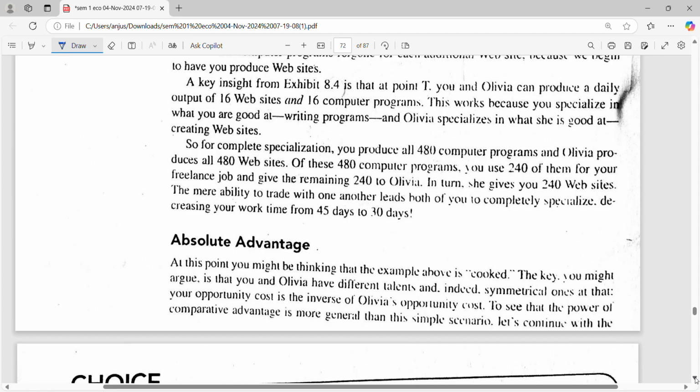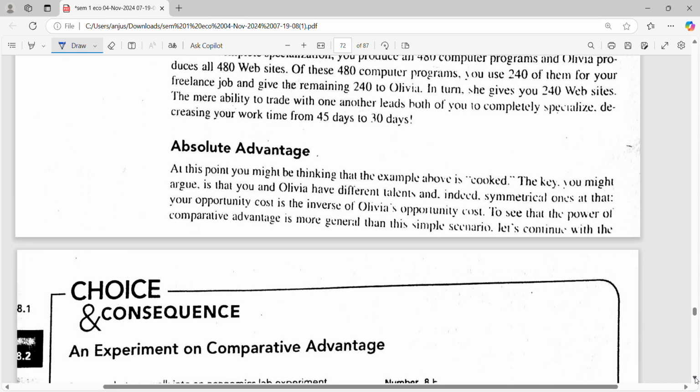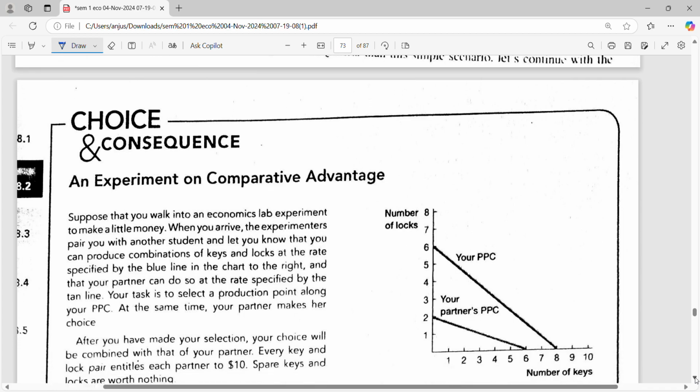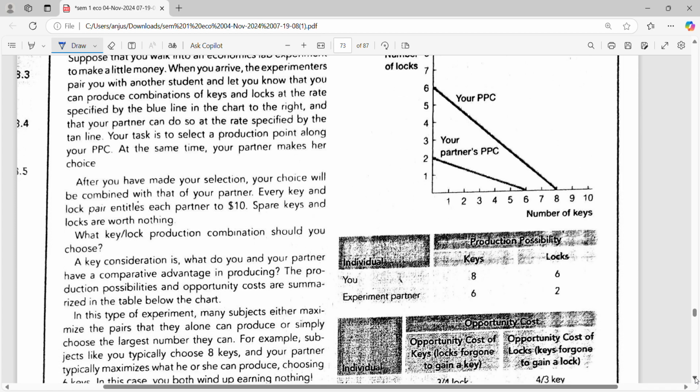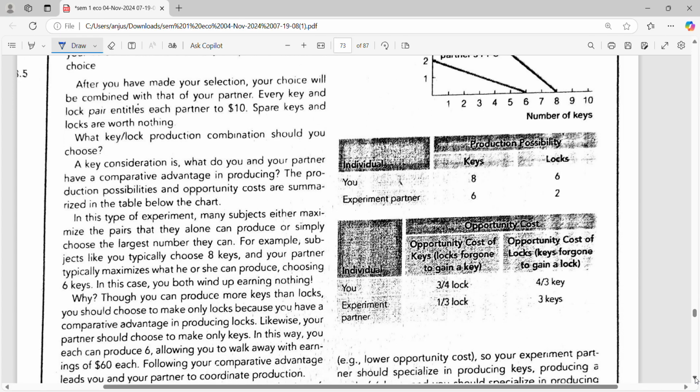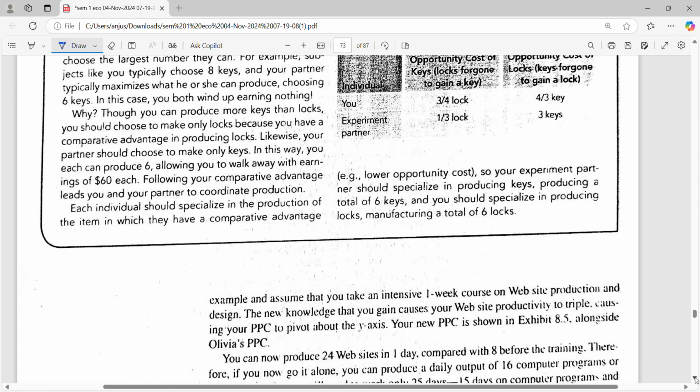It is the ability of an individual firm or country to produce more of a certain good than the other competing producers given the same amount of resources. That we discussed, and that is somewhat like what we have done now. In an individual sense, you have an absolute advantage in the case of computer programs, whereas Olivia has it in the case of websites.